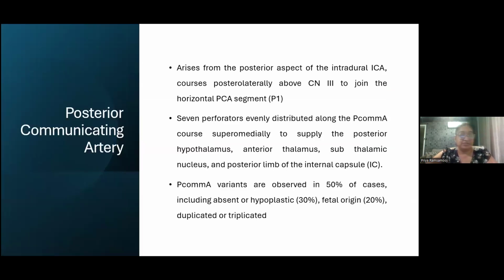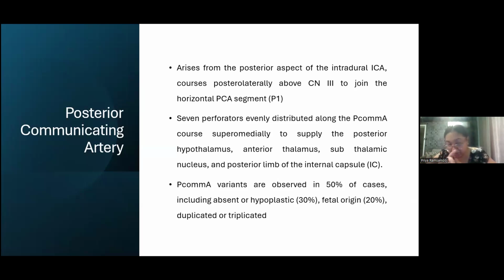The posterior communicating artery tends to be smaller than your posterior cerebral and your internal carotids, of course. It arises from the posterior aspect of the intradural internal carotid artery, coursing above cranial nerve 3 to join with the horizontal PCA. Because remember, all of this is, in essence, we're still forming our circle at the end of the day.